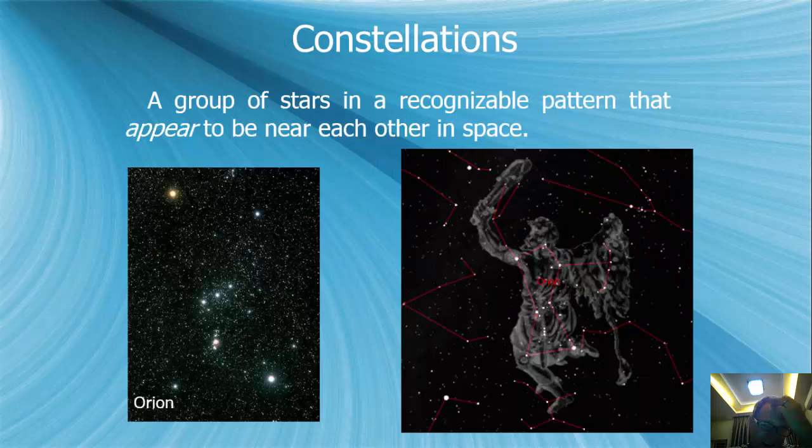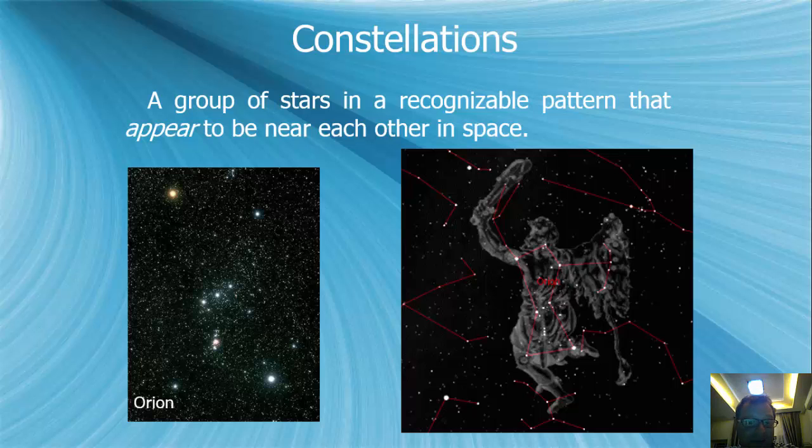If we look into the sky, we often see what are considered constellations. These are patterns of stars in the sky which are deemed to describe a picture of an object. In this case, we have Orion, Orion's belt, and Orion's sword in the sky.